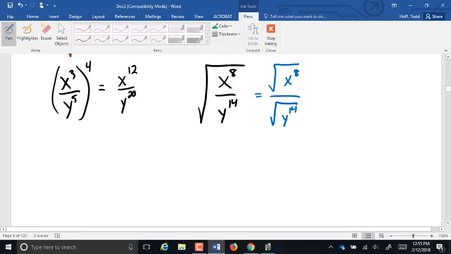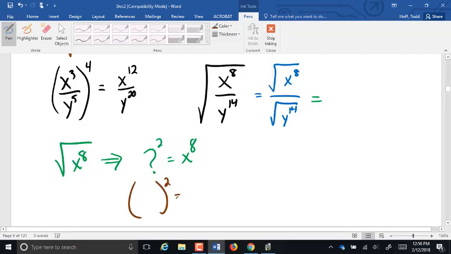What is the square root of x to the 8th? Remember, square root of x to the 8th is asking what number squared equals x to the 8th. So in other words, what number to the power of 2 equals x to the 8th?